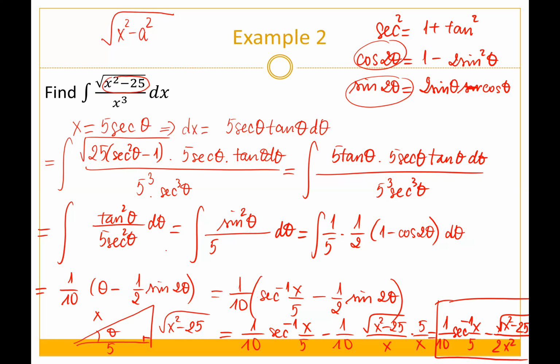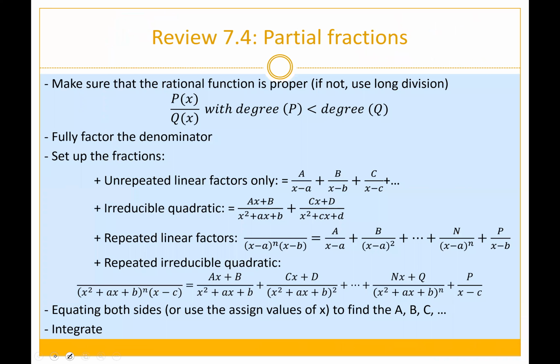But using the half angle formula allows us to find the actual value of cosine 2 theta and sine 2 theta after you already solve the integral. And so having said that, that's all I have for example 2 and section 7.3.